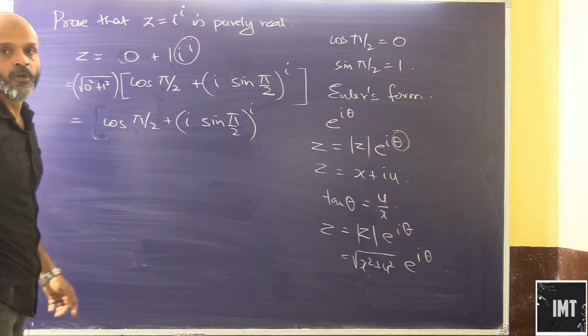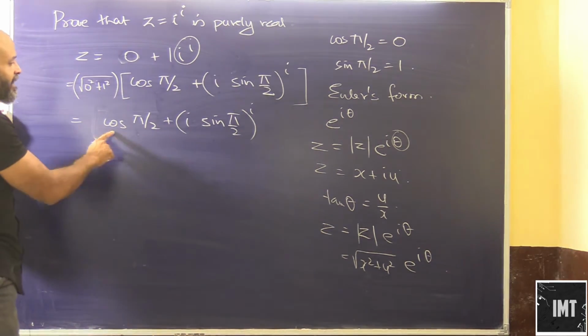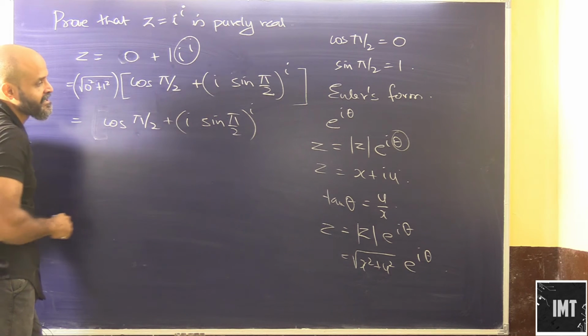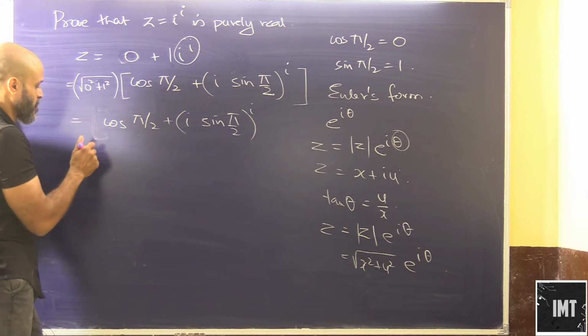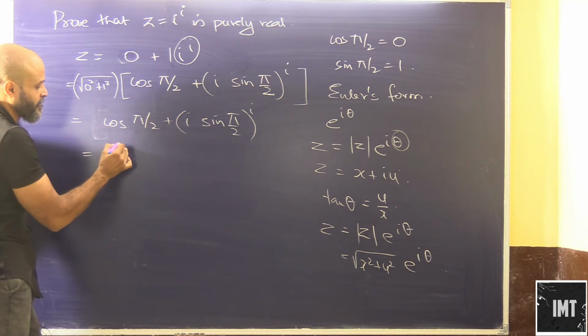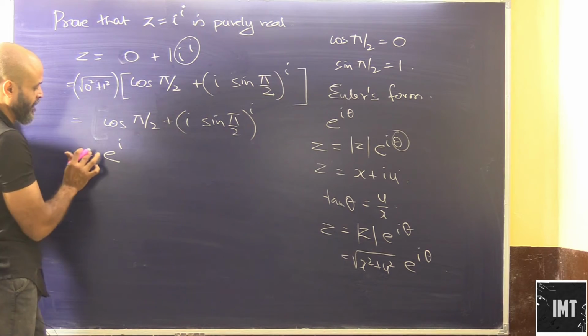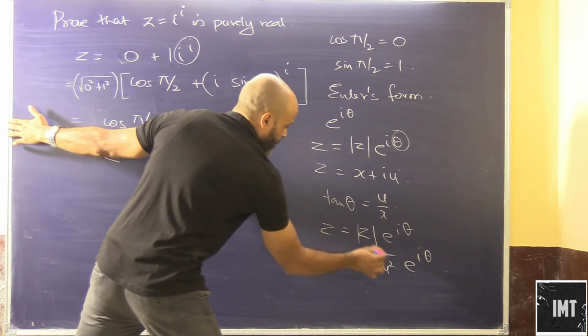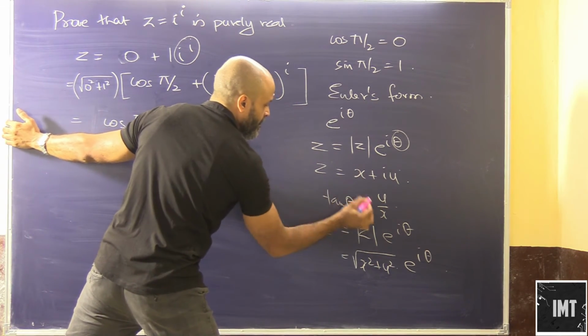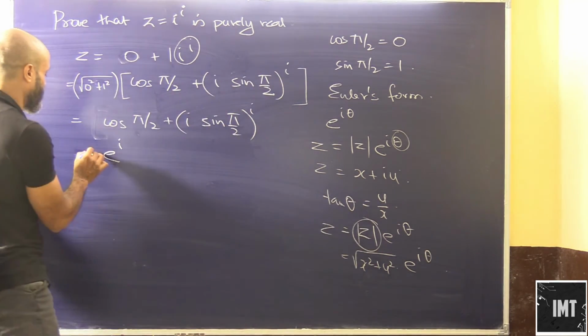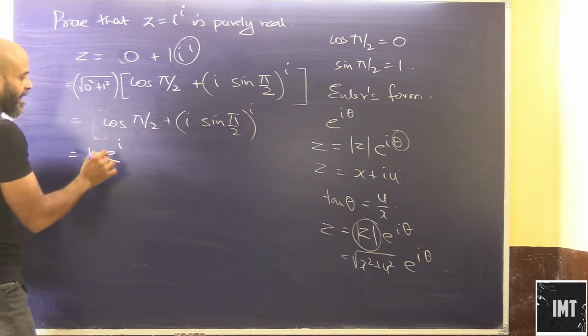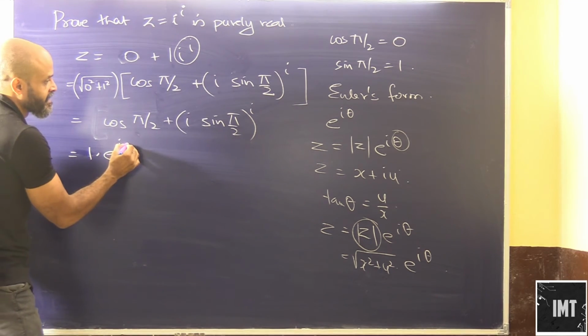Okay, so in this case what we have here is cos pi by 2 plus i sin pi by 2 to the power of i, so we can represent this as e to the i theta. We know the modulus part, this modulus part is nothing but 1. What is theta here?